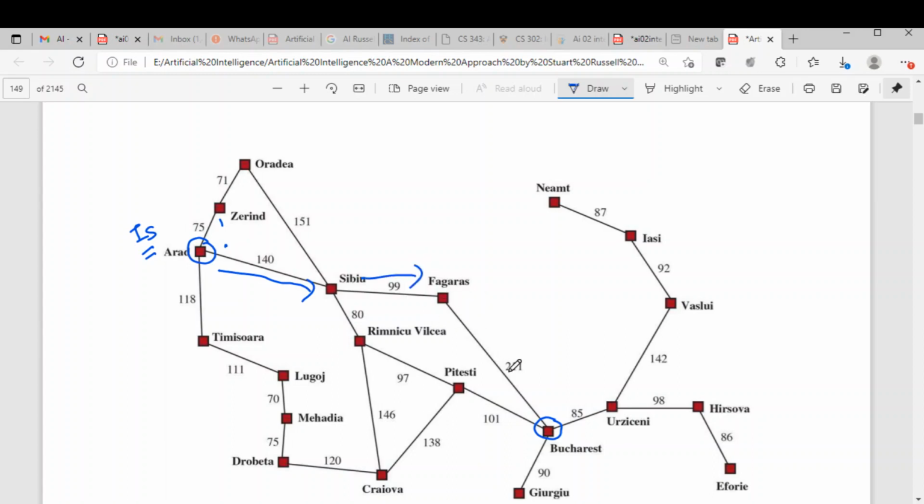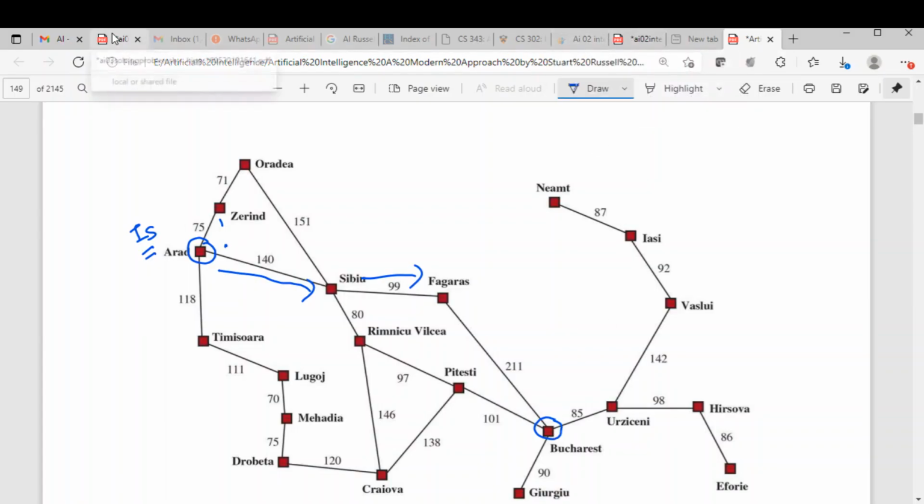Now from Fagaras there are only two possibilities: either it can go to Sibiu or it can go to Bucharest. So it just follows the algorithm. It checks the cost of reaching Bucharest from Sibiu, and the cost of reaching Bucharest from Bucharest. That's what it will check.